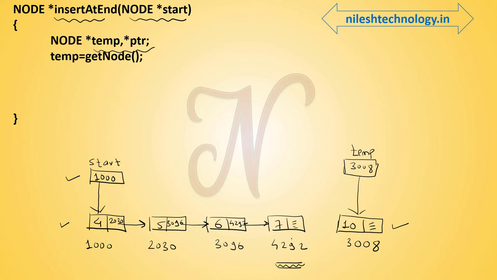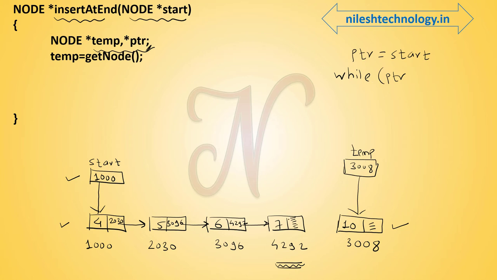So first we find the last node by using a while loop or a for loop. Here we use this ptr variable. First initialize ptr equal to start. Then by using a while loop: on the last node there is no next address, while on the previous nodes 4, 5 and 6 there is a next node, but on 7 there is no next node, which means this is the last node.